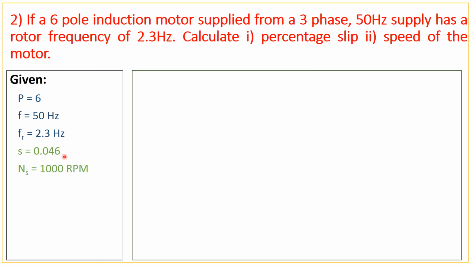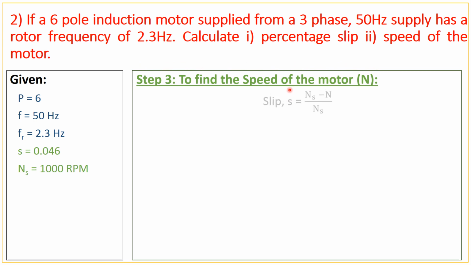Now I have slip, I have synchronous speed, so I can find the actual speed of the motor. Slip S is equal to Ns minus N by Ns. This is the relationship which relates S, Ns and N, right? Therefore S is equal to Ns minus N by Ns, where S is 0.046 and Ns is 1000 rpm.